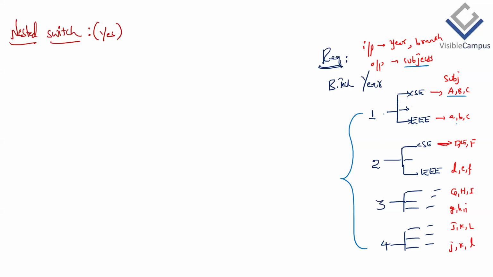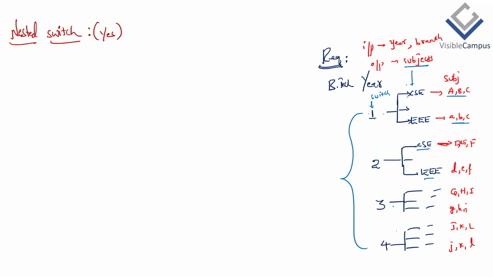If it is triple E, execute the second case. If it's something else, then execute the default case. Similarly, if it is 2, then CSE, triple E. 3, again CSE and triple E. 4, CSE, triple E. So like that, we can go for one switch for the year number, and one more switch for the branch.